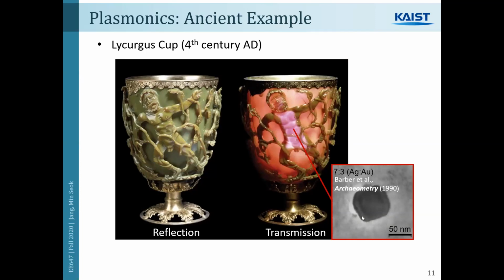And these metallic nanoparticles have distinctive transmission, absorption and scattering properties, and that's why you have different colors in different illumination schemes. So probably I'll explain this in more detail when we cover plasmonics.